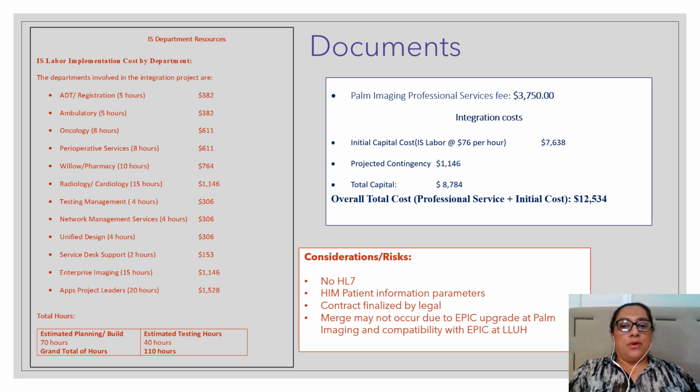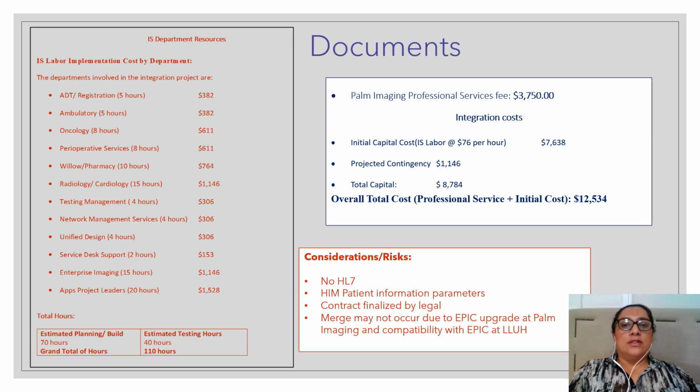The initial capital cost for the IS labor is about $7,638, along with potential contingency funds of about $1,146. Altogether, the overall total cost would be a little over $12,000.